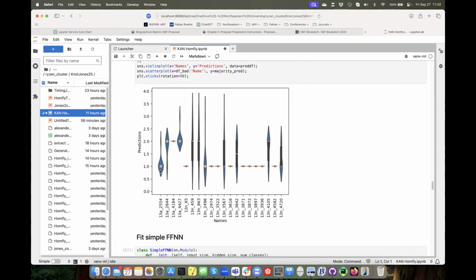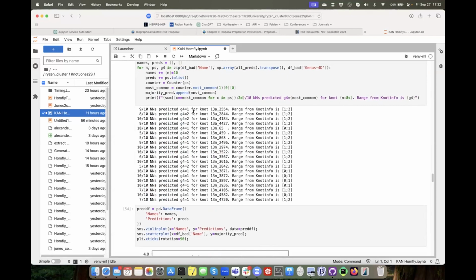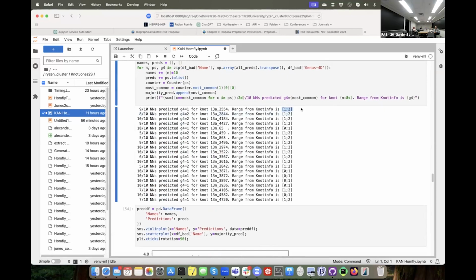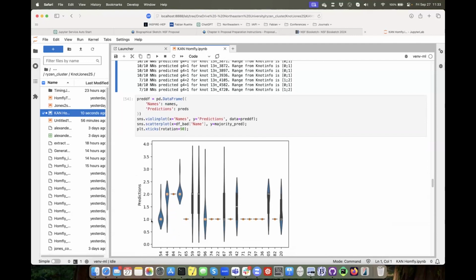For example, for this one, the slice genus is known to be between 1 and 2, and 9 out of 10 neural networks predicted genus 1 for this node, and the other one predicted genus 2. That is how this plot comes about for this point.